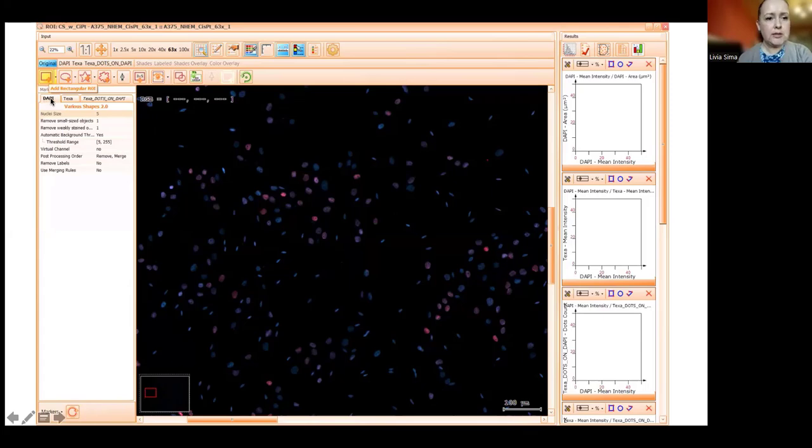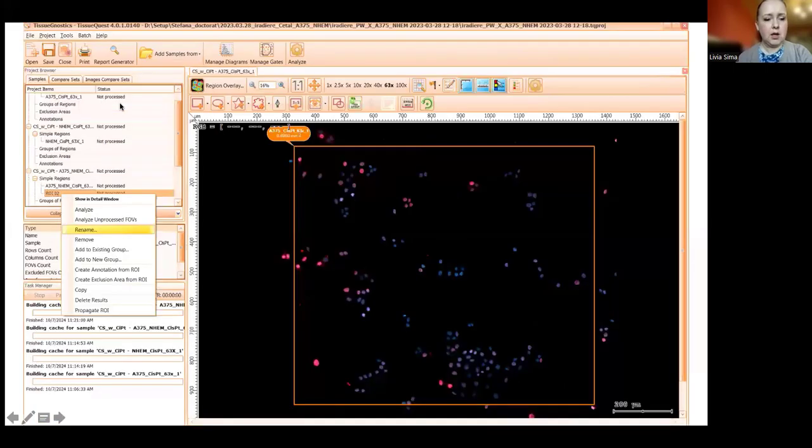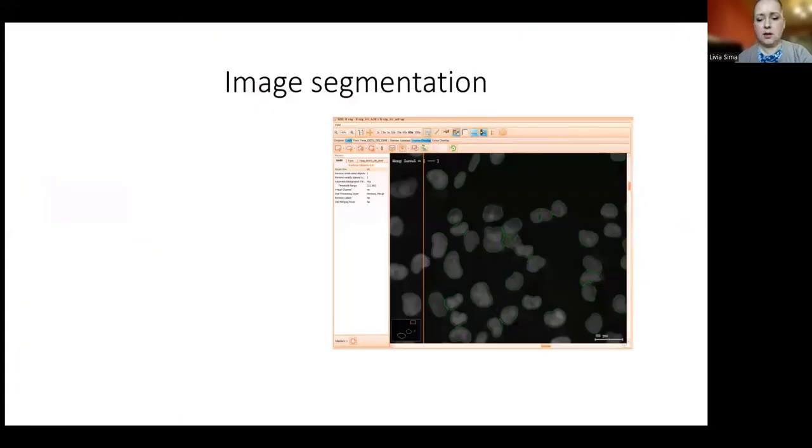Here you can see the three markers that are going to be analyzed in this example: DAPI for the nucleus, Texas red for the nuclear signal for gamma H2AX, and Texas dots on DAPI to measure the foci. You can rename this new ROI by naming it setup region, and perform the setting up of the parameters on this smaller positive control.